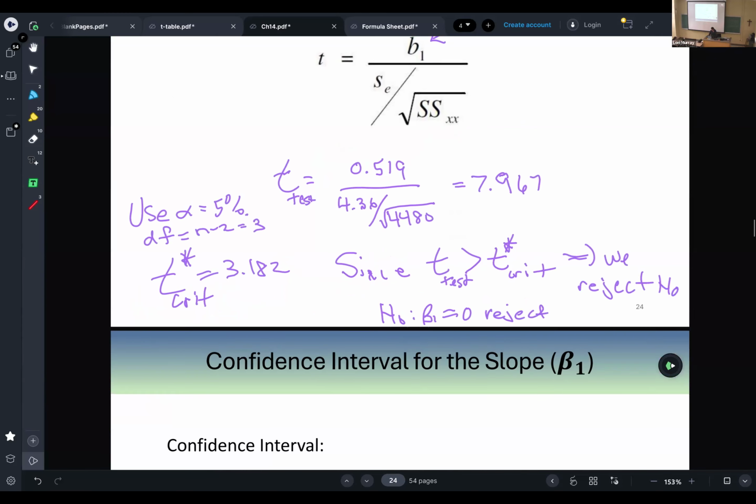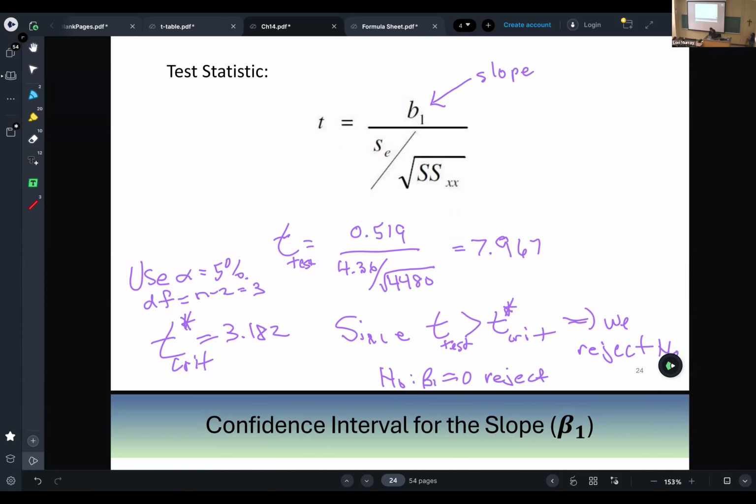And we then say that, therefore, time spent is significantly related to sales.